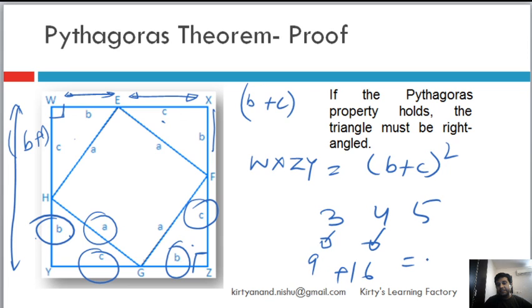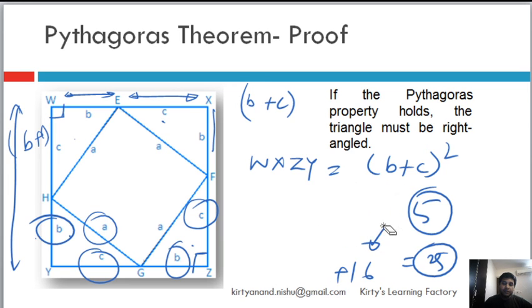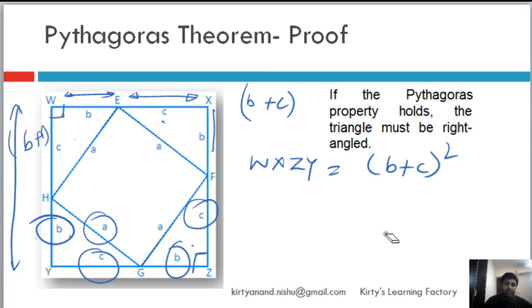When we add 9 plus 16 we get 25. So 3 will be base or perpendicular, 4 will be base or perpendicular, and 5 will be the hypotenuse. Using this method, if you are able to ascertain that it is a perfect square in that way, then it is right angled. If it is not, then it is not a right angle triangle.